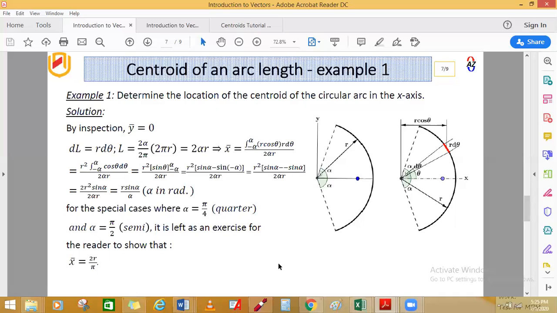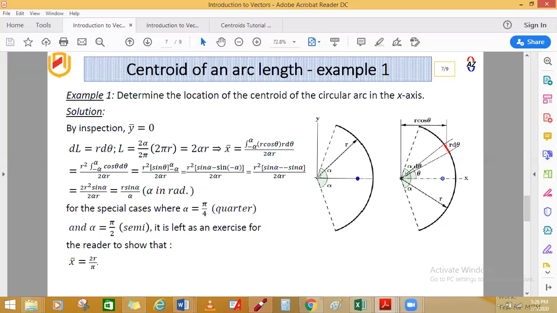The centroid of a circular arc. You see, this is a circular arc that they are talking about. The shape is initially looking like that. You see where this point is. This is an assumption, just by looking with your eyes, of where you think the center of mass will be.